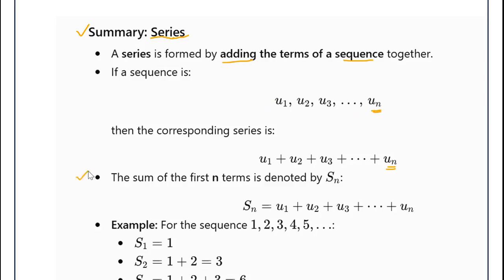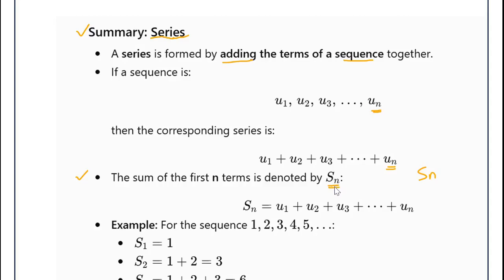That is the definition. Now, the sum of the first n terms is denoted by Sn. So anywhere you see Sn, it means the sum of n terms of a given series or of a given sequence. That is the sum of n terms, where n varies. If you are looking for the sum of the first two terms, your n is 2.